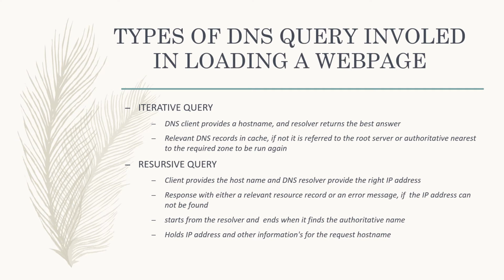That means that if the IP address can't be found, you say, I'm sorry, this page is not available, something like that. Then it also starts from the resolver and ends when it finds the authoritative name, which also holds the IP address and other information for the requested host name.